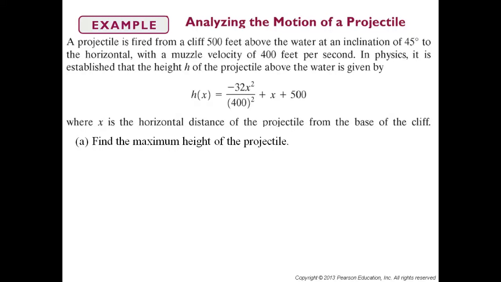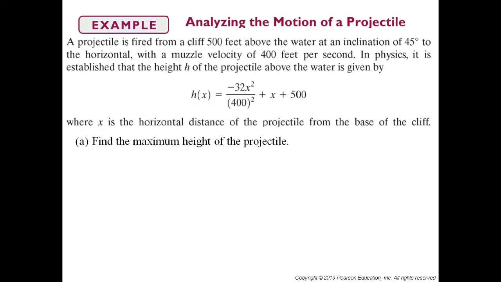They plugged in some stuff in there, the initial velocity here. This negative 32 is the gravity, 32 feet per second squared. I don't know if you ever talked about that in chemistry or biology or something like that, but that's where that's coming from. The 500, where did it come from? The height it was above water, right? That's where we started.